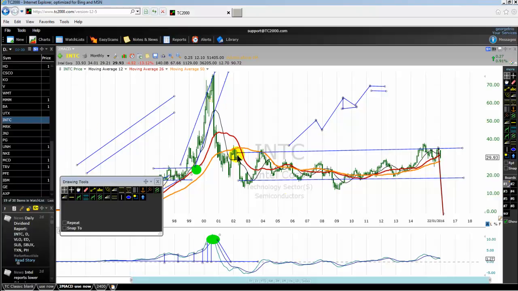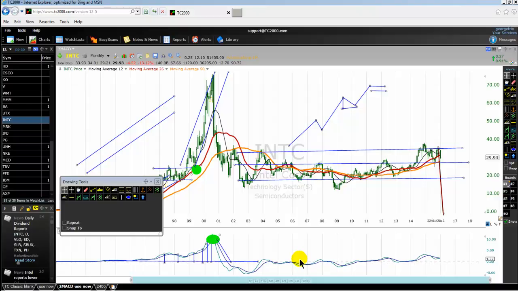Now you can see that for more than 10 years, Intel price structure on a monthly chart is what? A consolidation. A balanced market. We can divide this horizontal channel like this. But now, as I explained to you, the price structure will command trading strategy.